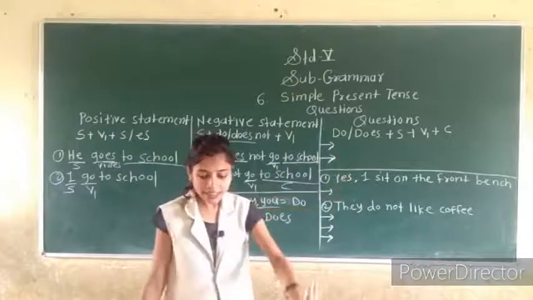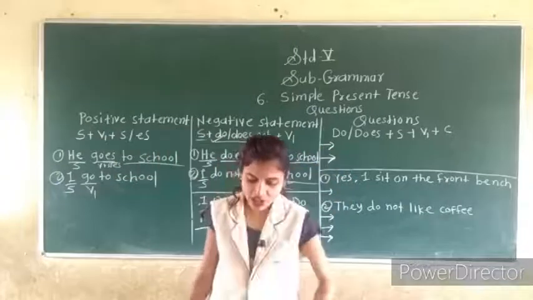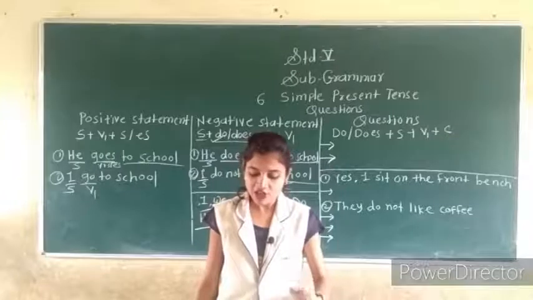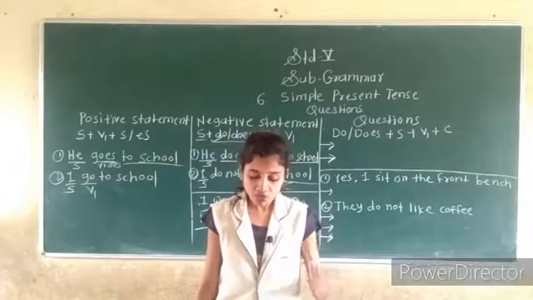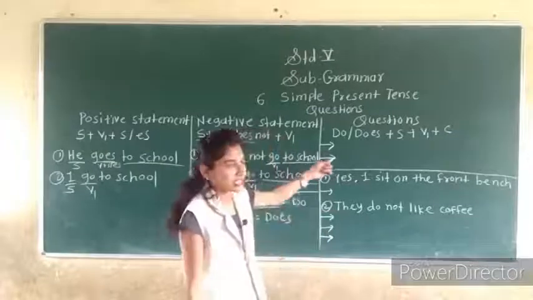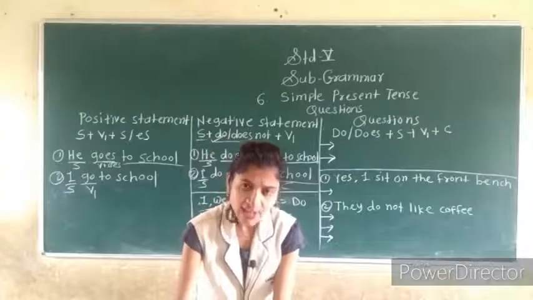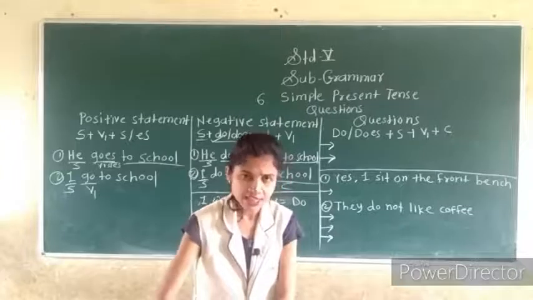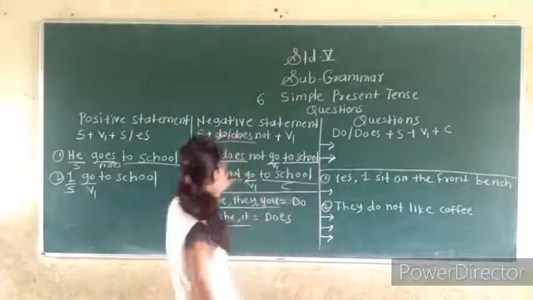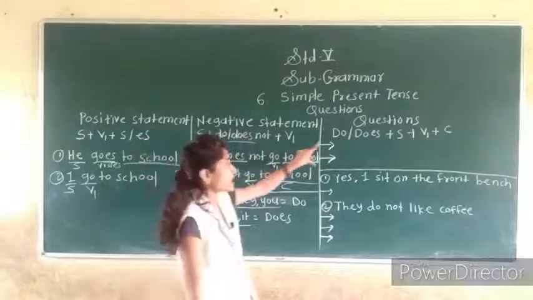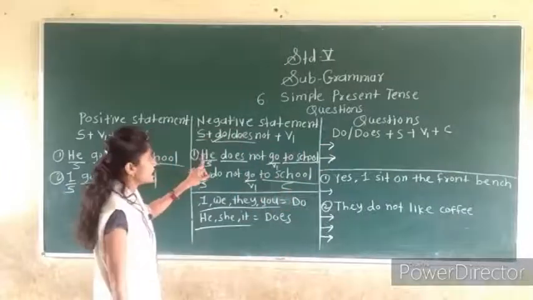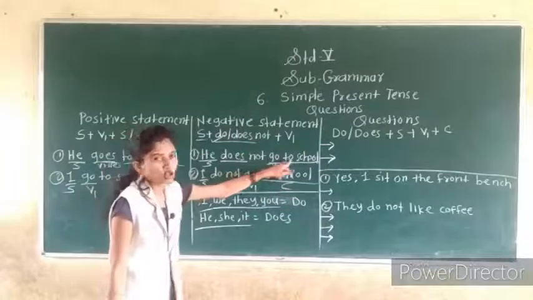See now, in the exercise on page number 15, rewrite the following as questions. The first question, you solve it like this. A and B: A is plural and B is singular. So see now, the same 2 questions I am taking here. Here, singular: he does not go to school.